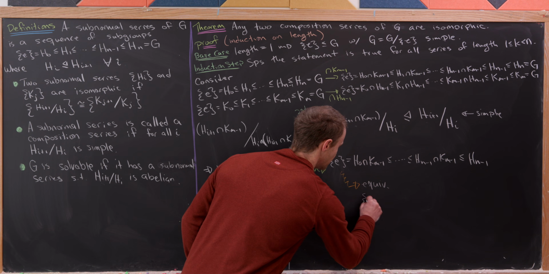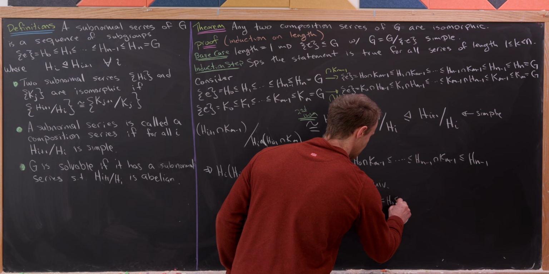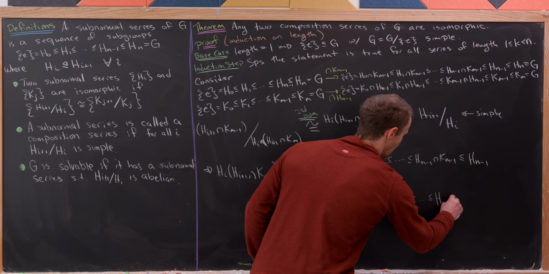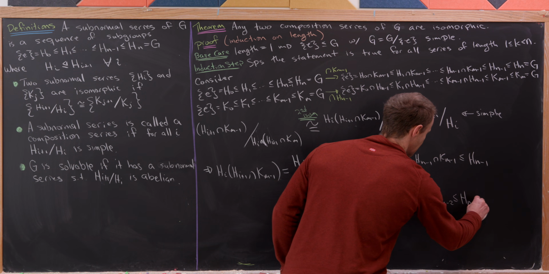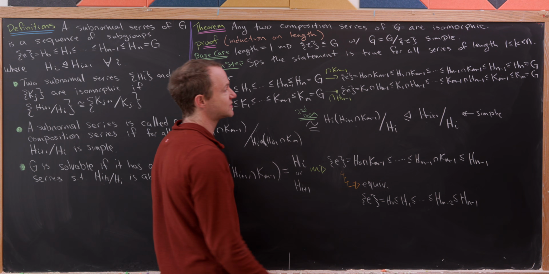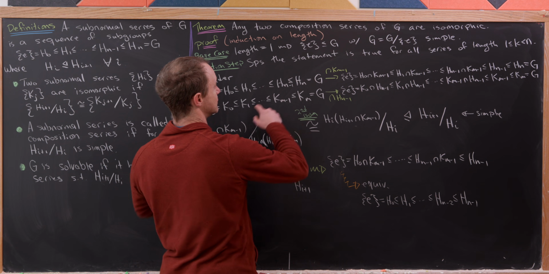So this is equivalent to the composition series starting at E, which is H0, a subgroup of H1, all the way up to Hn-2 with Hn-1. And then what we can do is just put the G back on these two.